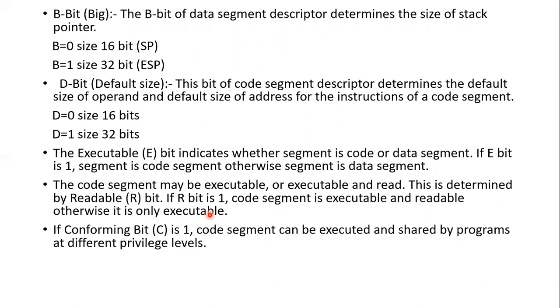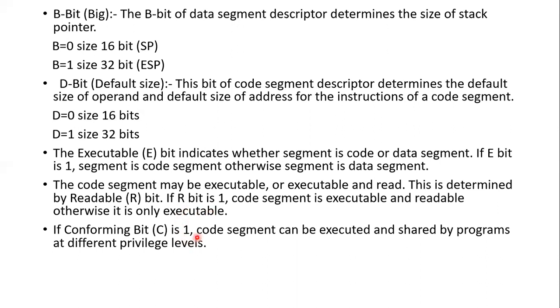Next is the conforming bit. If this bit is set to 1, the code segment can be executed and shared by programs at different privilege levels. This bit is very important because it allows a code segment to be executed and shared by programs at different privilege levels.